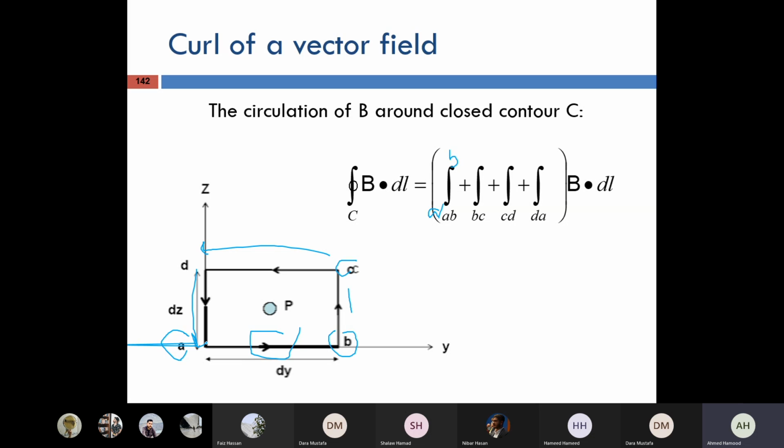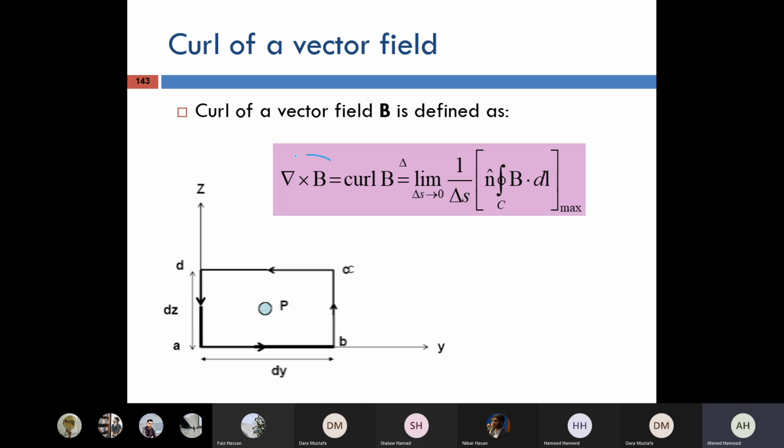Also, we can see the curl of a vector is equal to del cross B, and I know all of you know how to do a cross product, right, which we have to use a matrix. Don't worry about the limitation part here, it is okay, just to show you the limitations or more detailed equations.